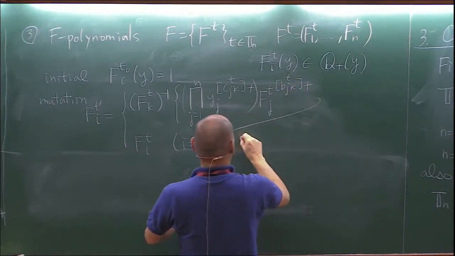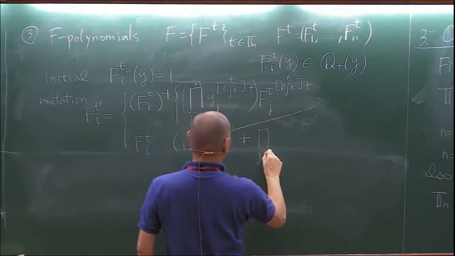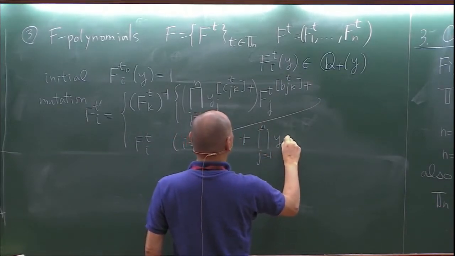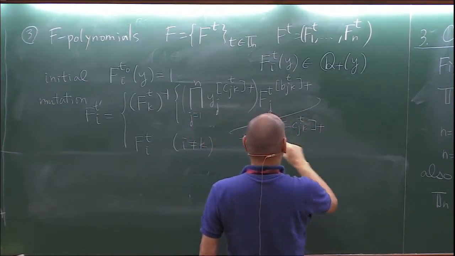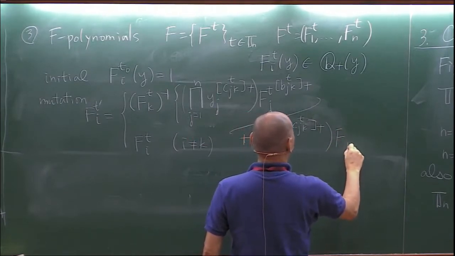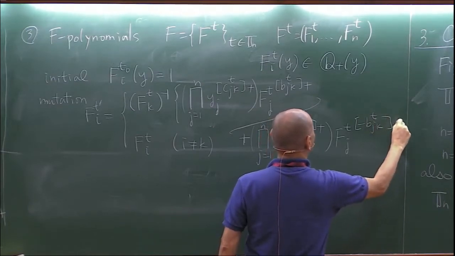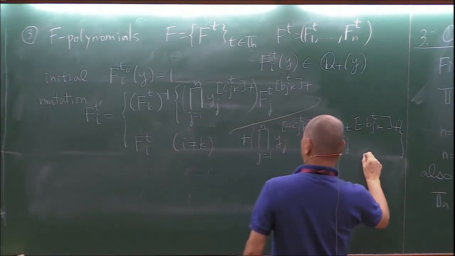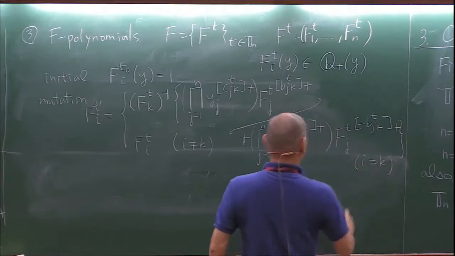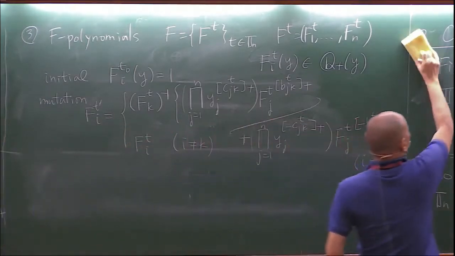And the formula continues, and we put a minus sign for both, times f with minus b_jk,t plus, and it closes. Okay, so this happens when i is k. Some formula, yes? Some rational transformation.